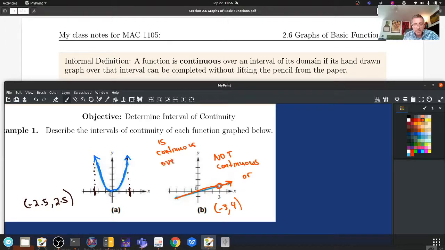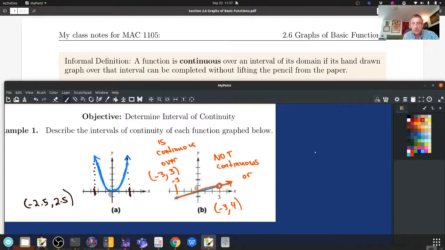Over, say, minus 3 to 3. Because right here is minus 3. This is the domain, and clearly right here is 3. So from minus 3 to 3, not including 3 itself, I can draw the graph without lifting my pen off the paper.